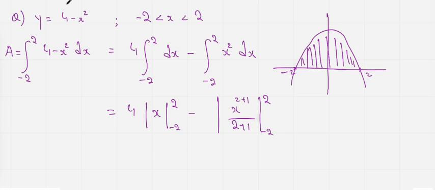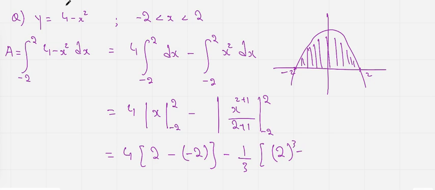Now we apply our upper and lower limits. It is going to be 4 times 2 plus 2 gives 4, minus 1 upon 3 outside, and here I get 2 cube minus minus 2 cube.